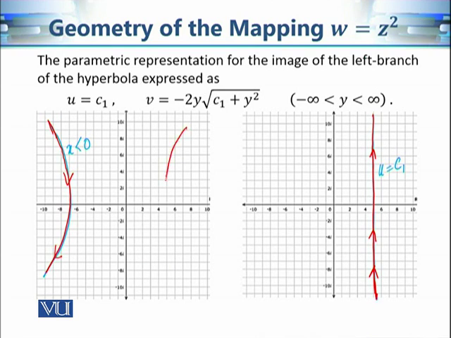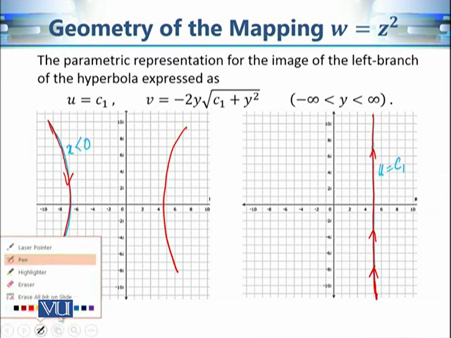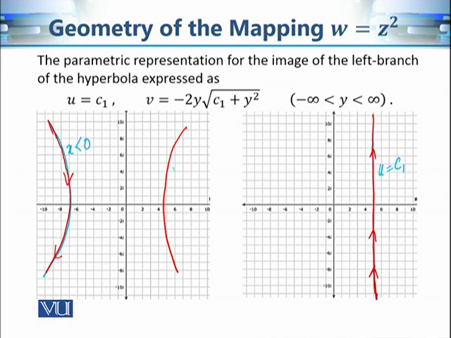So both portions of the hyperbola will be mapped onto this straight line, but the difference is only that this portion, if we travel in this direction from bottom to top, then it will be mapped onto this line traveling from bottom to top, and on this portion, if we travel from top to bottom, then we will be traveling from bottom to top in its image. So both portions are mapped onto this vertical line.